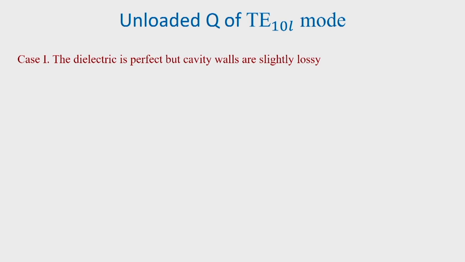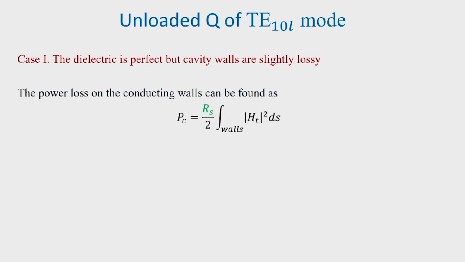Now, we consider the case when the dielectric is perfect, but the cavity walls are slightly lossy. So, what can we do? We can find the power loss on the conducting walls, and that can be found as Pc equal to Rs by 2 integrated over the walls.